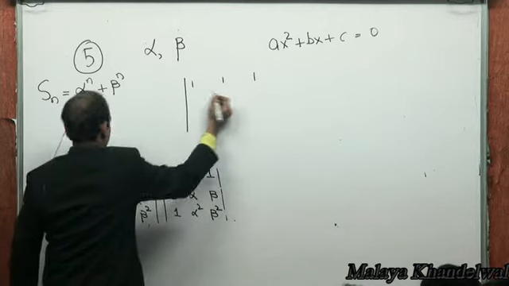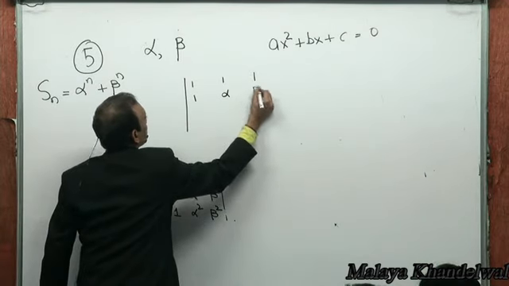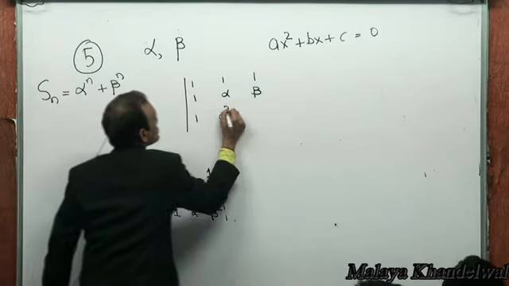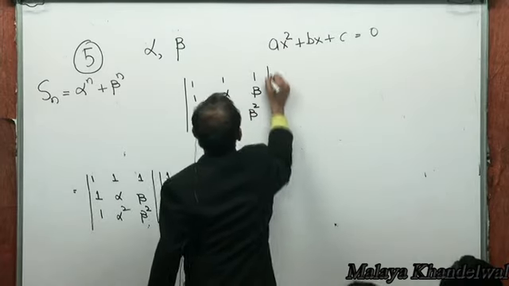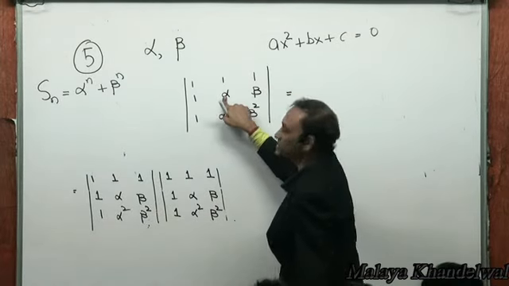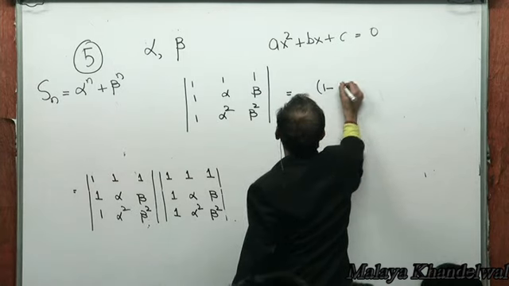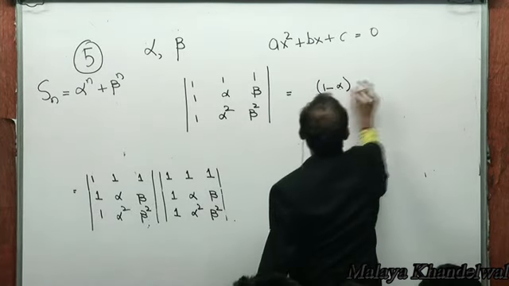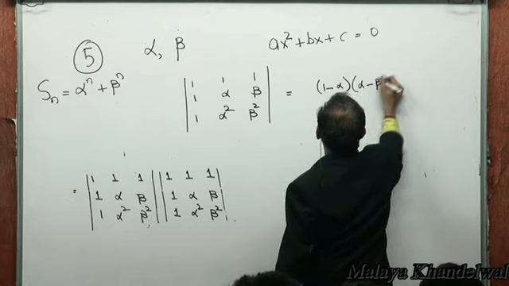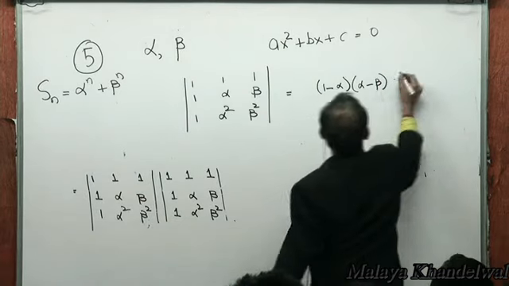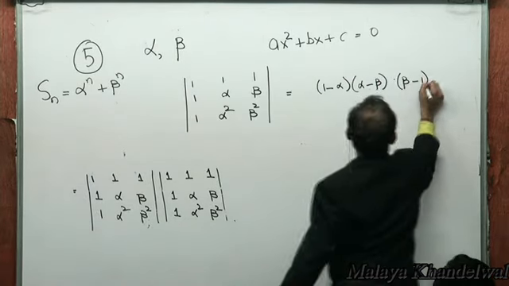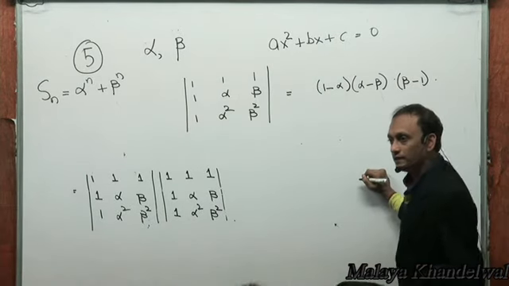1, 1, 1, 1 alpha beta, 1 alpha squared beta squared is going to be (1 minus alpha)(beta minus 1)... into B minus C into C minus A. Right?